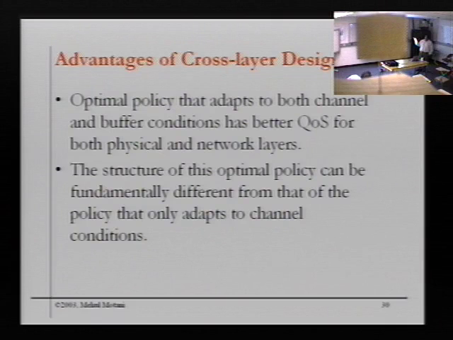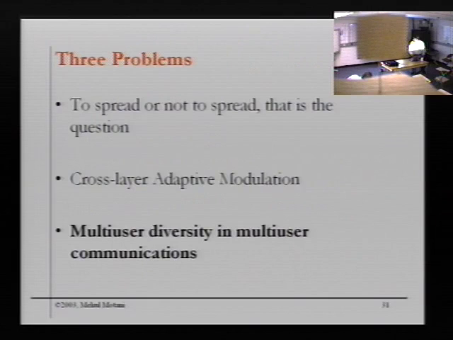In this case, as you sort of guessed, when the buffer is in a dangerous state, you're going to do something different. It turns out that is the case. Remember, this was only single user, and we're currently working on formulating this in a multi-user environment.